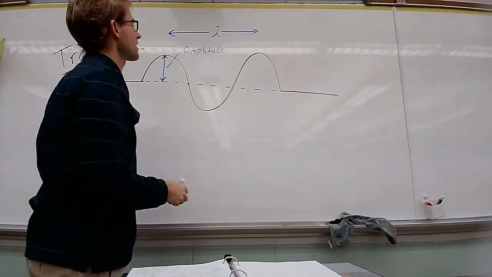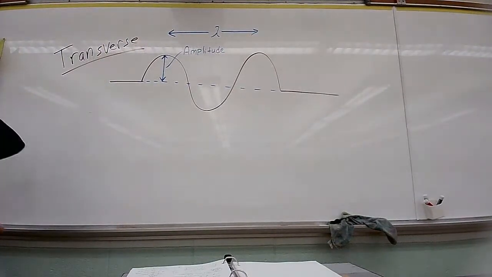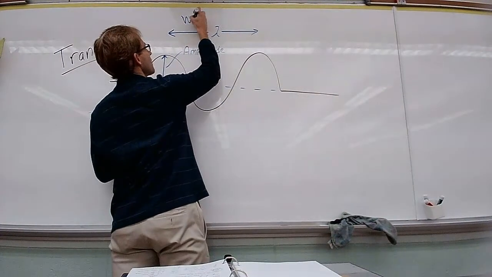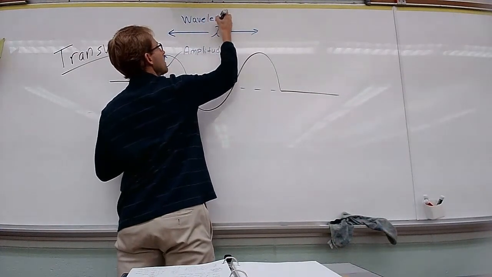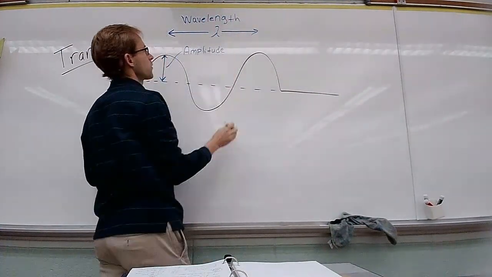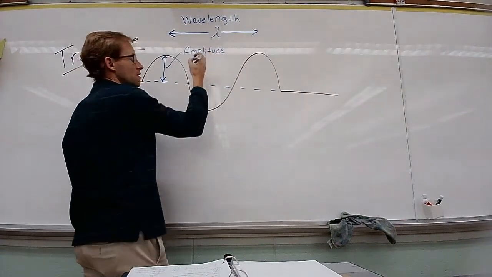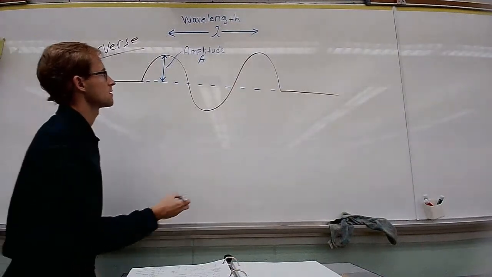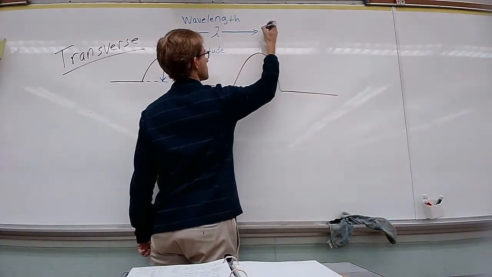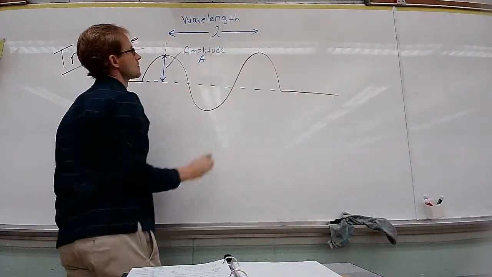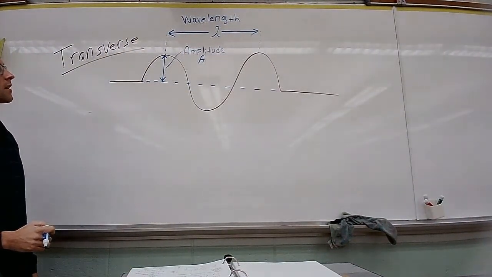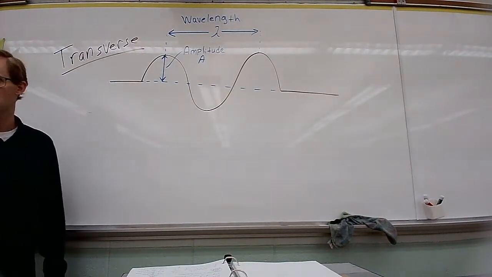It's a little Greek letter, the Greek letter lambda, if you're curious. It represents wavelength, because wavelength is a long word. If we abbreviate amplitude, it would just be with a capital A. So wavelength, amplitude, and I think someone also mentioned frequency. We'll get to that shortly.